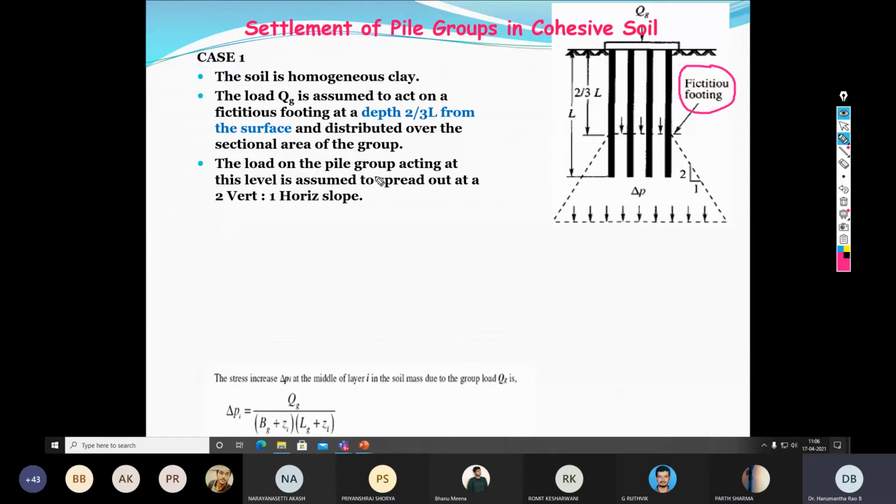Now I have assumed case 1, where the soil is homogeneous and the soil up to the pile cap is a strong stratum. In this case, the location of the fictitious footing is assumed at a depth of 2/3 of L from the pile tip. But the load dispersal remains the same, that is 2 vertical to 1 horizontal.